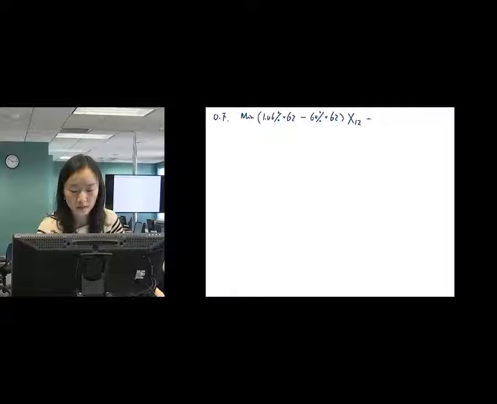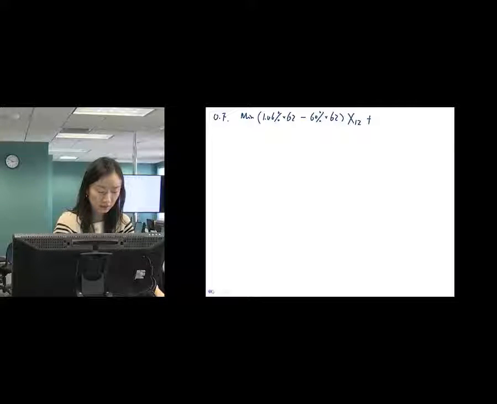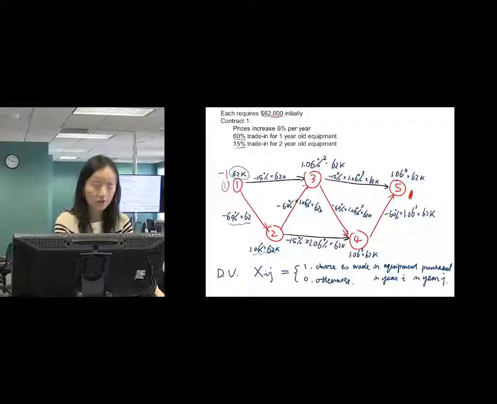Plus then we look at x13. So for x13, what's the cost? So this value here, subtract this value, right? When you go to this node 3, through this arc, the cost that is going to occur will be this equipment purchasing cost, subtract the credit you get.